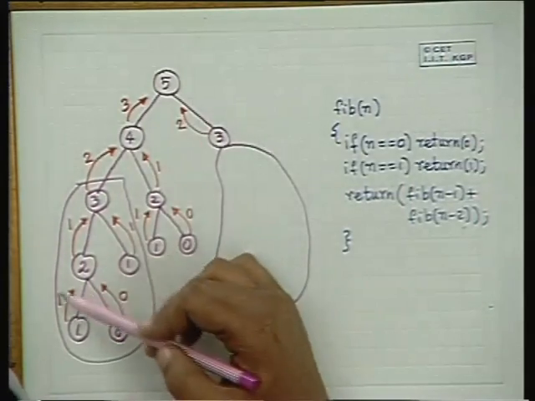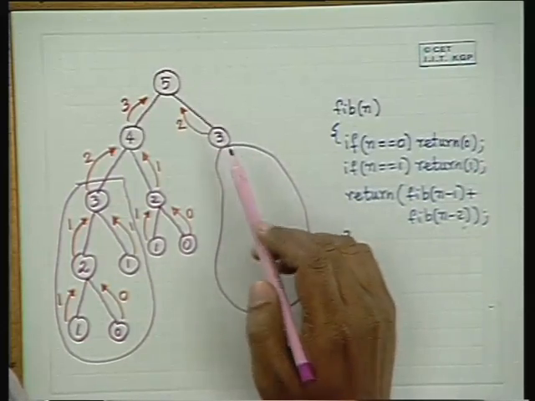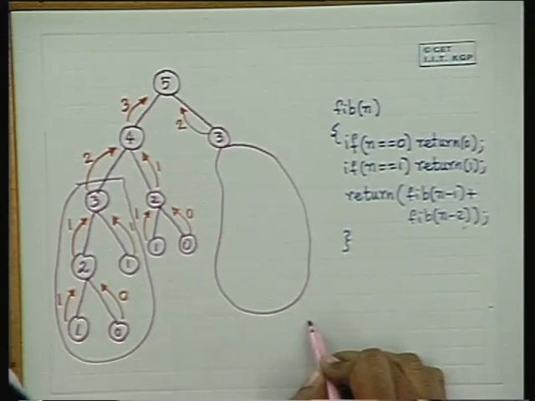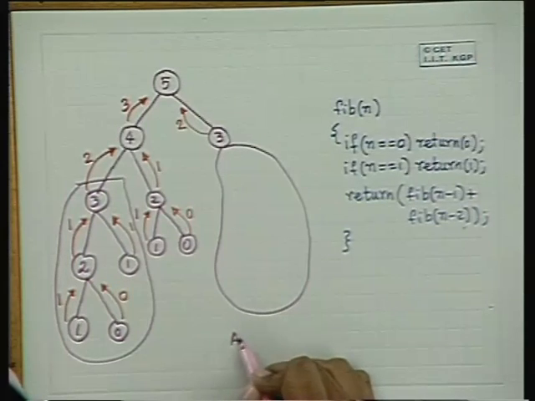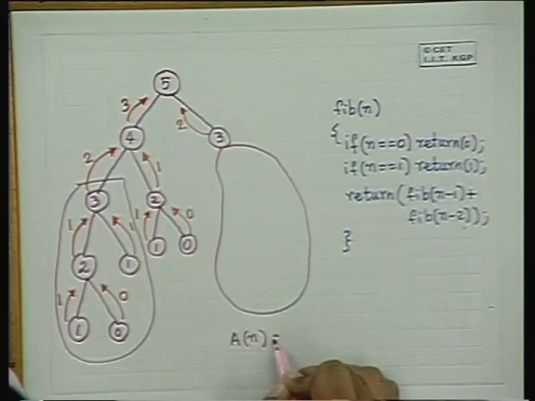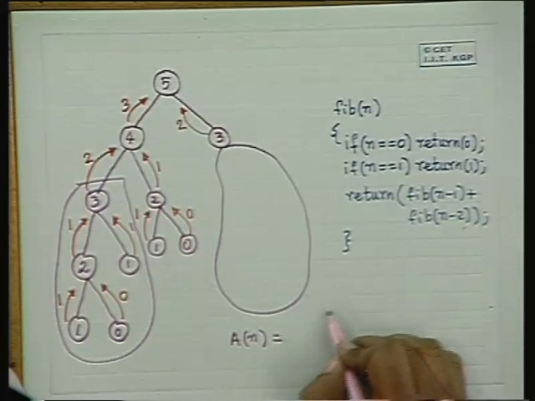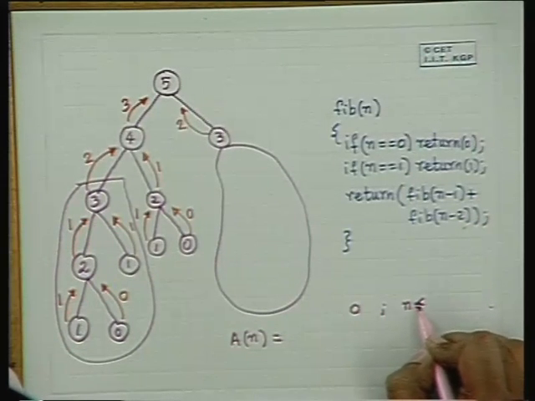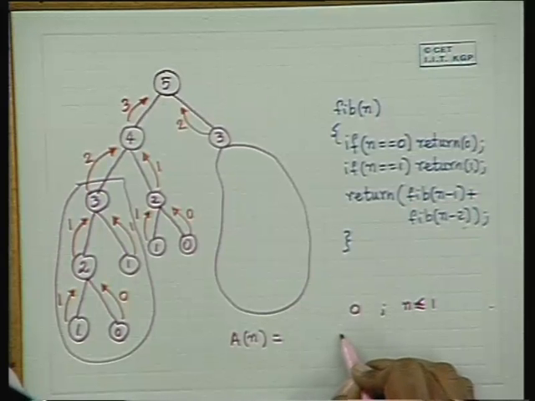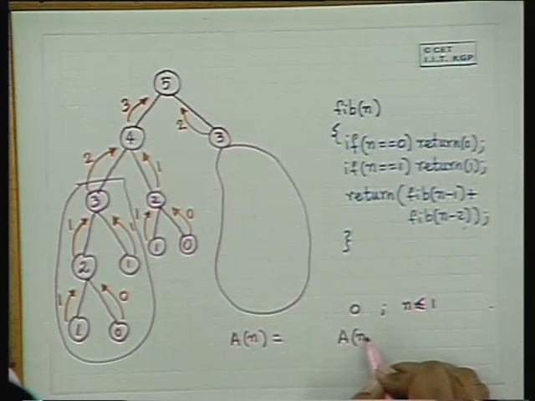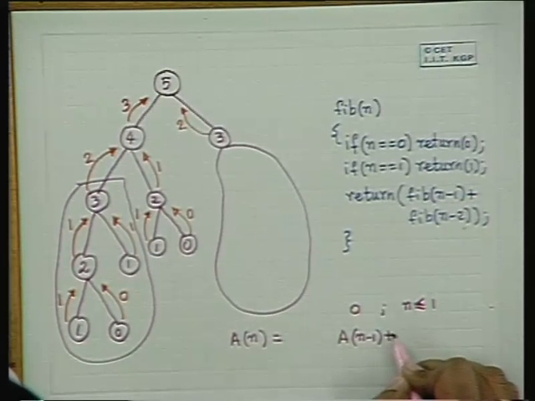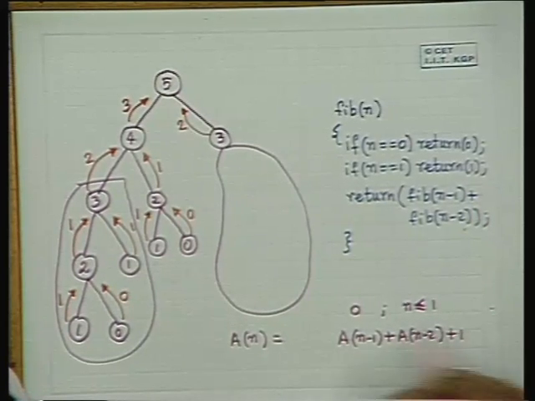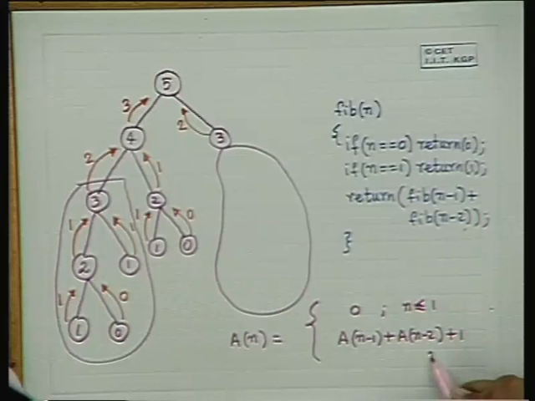We have also developed a recursive equation to find out how many additions you will do. The number of additions a(n) is equal to 0 if n is less than or equal to 1, and it is the number of additions for n minus 1 plus the number of additions for n minus 2 plus 1 for n greater than 1.